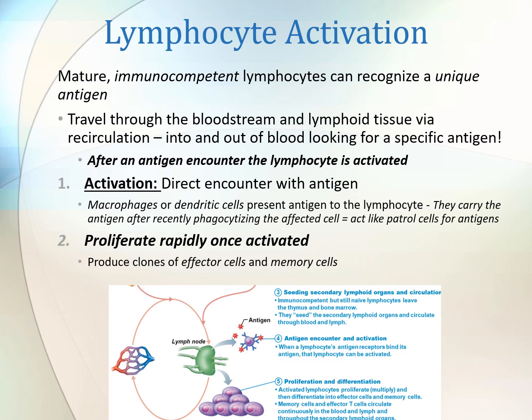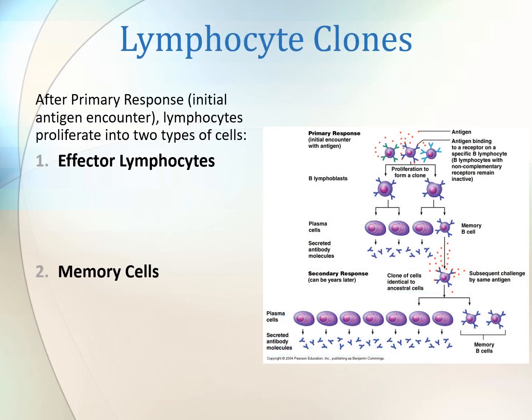So they mount an immune response, okay? So they divide and become a lot of them, okay? So they produce these clones, called effector cells. They essentially make a little army. And then they also produce memory cells, and we'll talk about memory cells in a second.